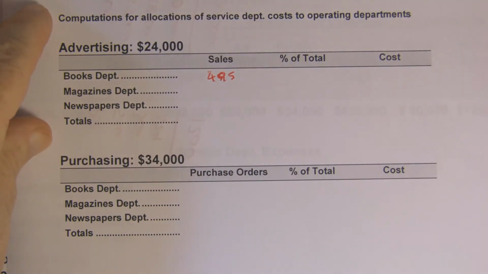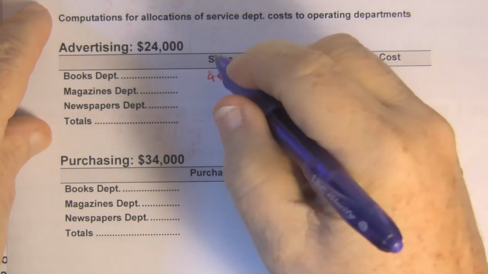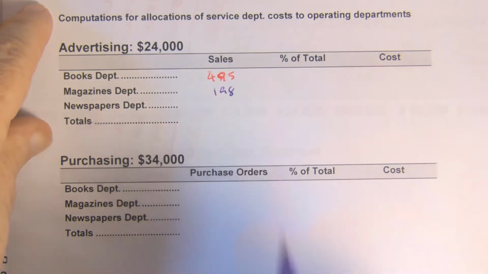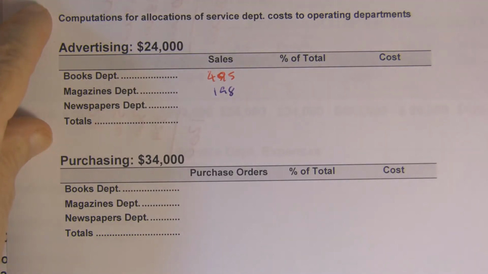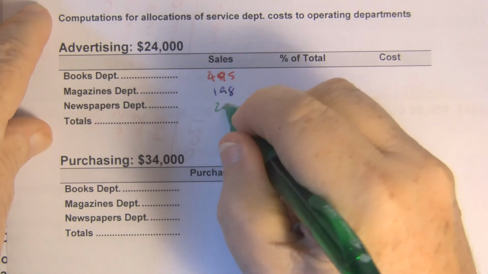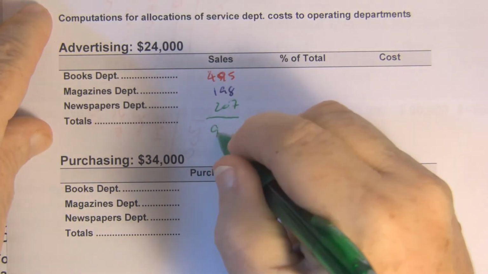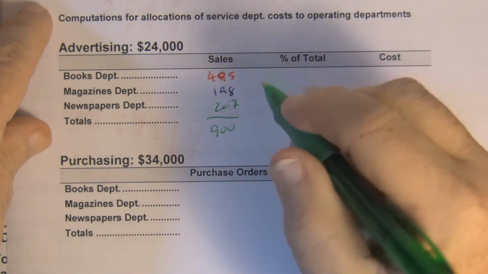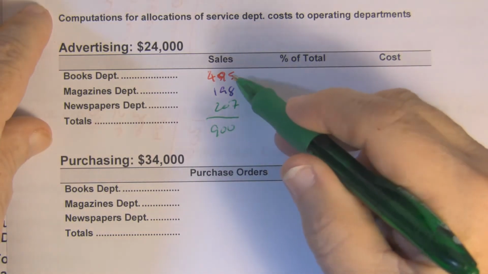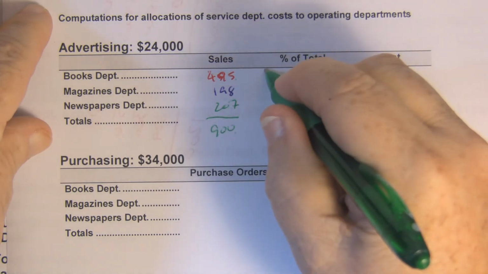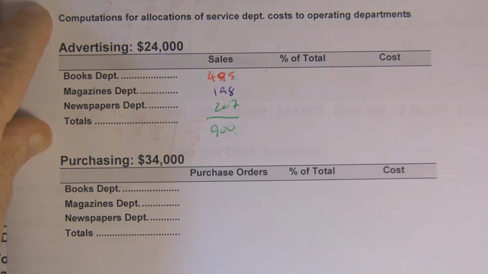I'll use different color ink so we can see it easier. The magazines was 198. And the newspapers was 207. And that was a total of 900,000. So I'm going to take 495 over 900. I'll try to squeeze that in there one time.